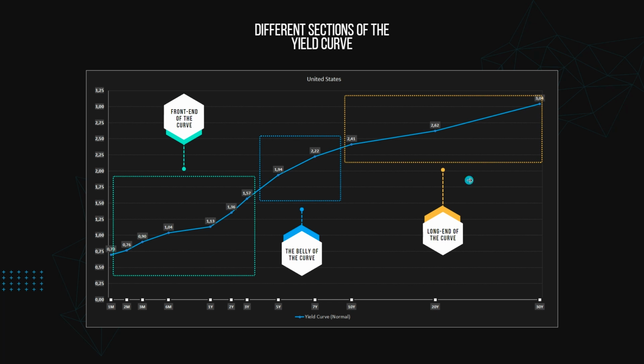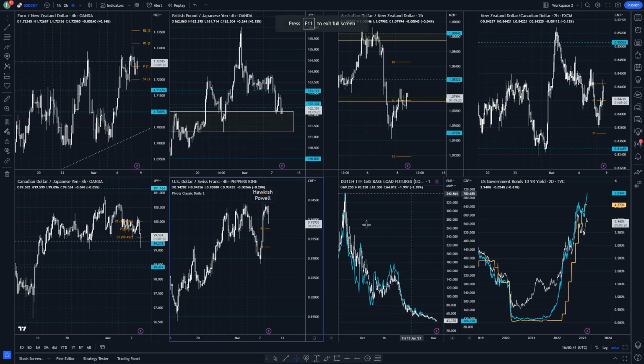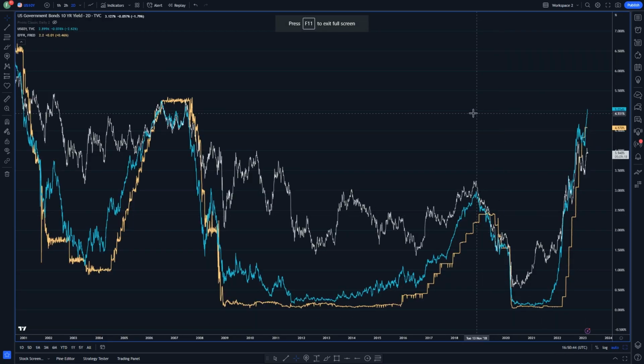So to understand why different parts of the curve can respond differently to an event like the semi-annual testimony last night, we need to realize that the different parts are not impacted by the same drivers in the same way, at least to the same extent. Let me show you. I've got a chart here. Here we go. So what we have on this chart, we have the federal funds rate in yellow. We've got 2-year yields here in blue, and we've got 10-year yields in white.